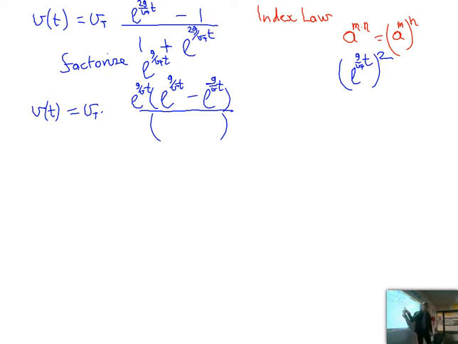Let's do the same with the bottom. So I'm going to take out a factor of e to the g on vt, and then take out both from the two terms.